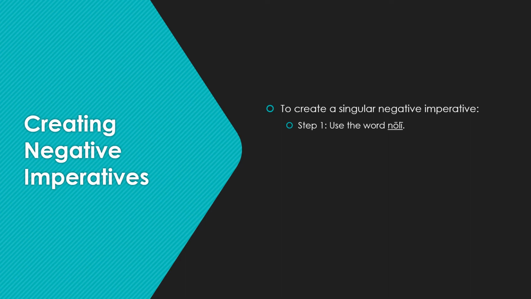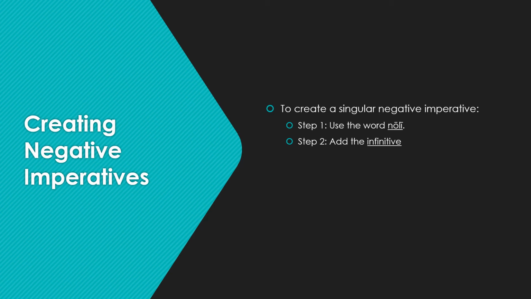Noli here is the imperative form of nolo, so it literally means do not want. But when we use it as a negative imperative, it's usually easiest simply to translate it as don't. After that, we're going to add the infinitive of whatever it is we do not want a person to do.